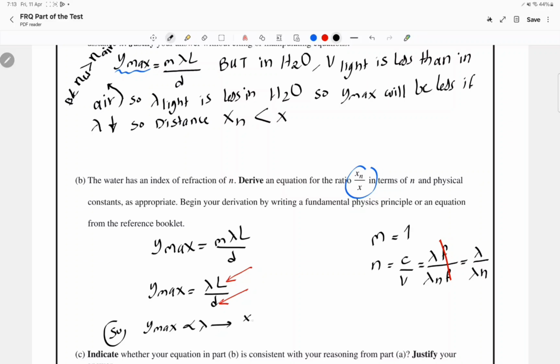So xn over x is equal to lambda n over lambda. And now we just figured out that n is equal to lambda over lambda n. So if you have lambda n over lambda, which is the reciprocal, just put 1 over n.